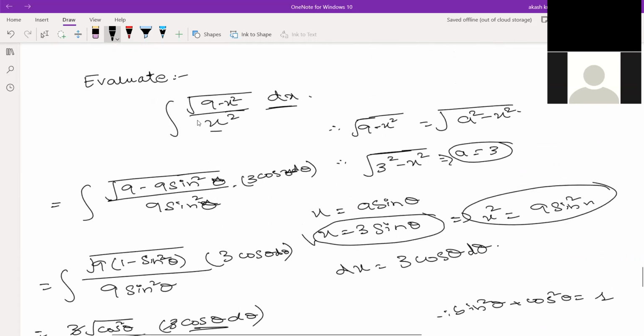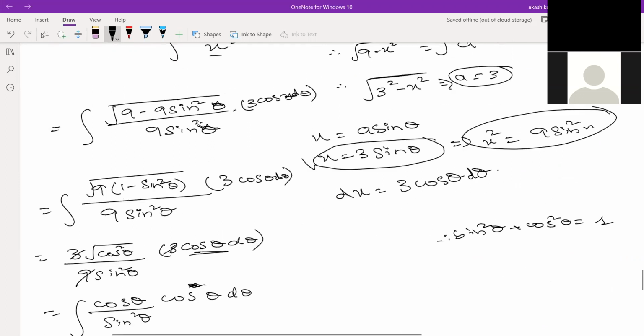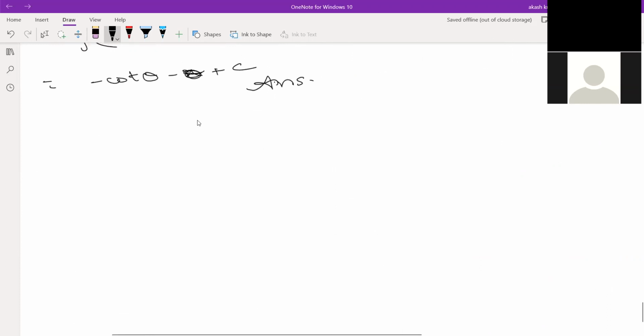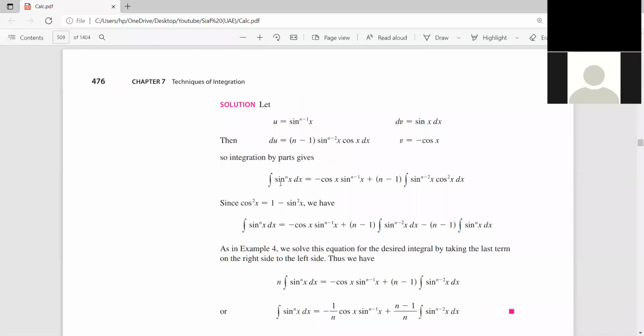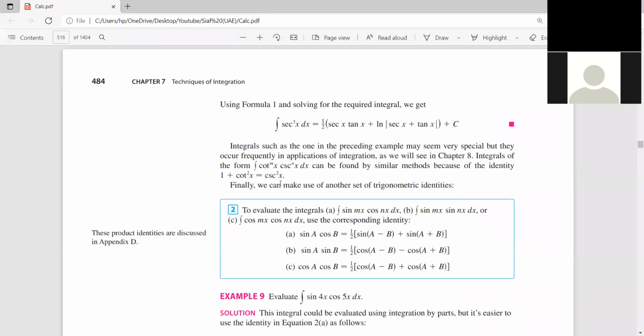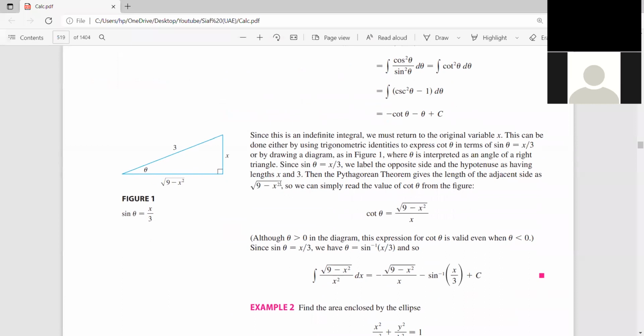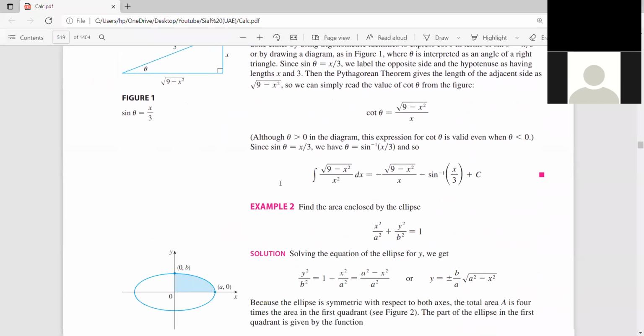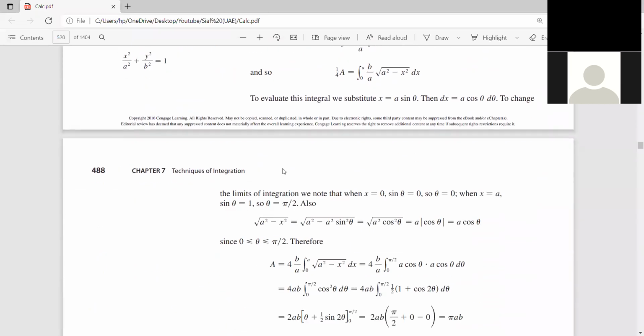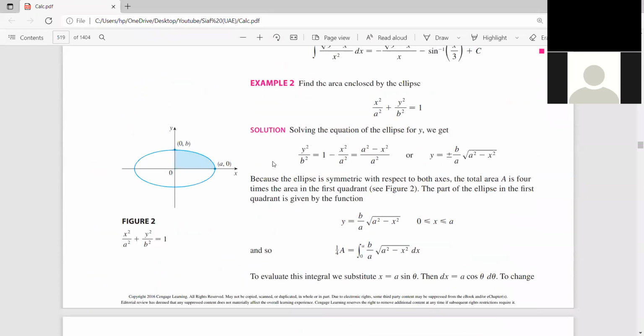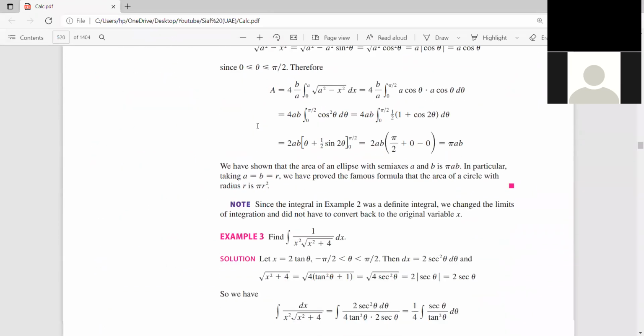So we have to convert our function completely into theta form, then we can integrate it. Let's leave this example number 2 for now.